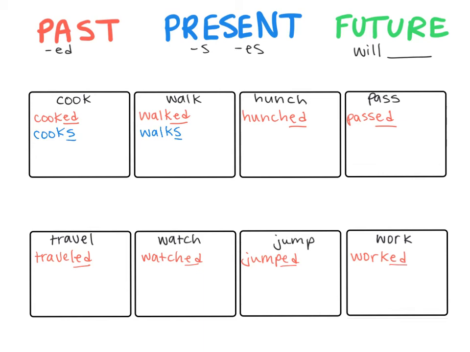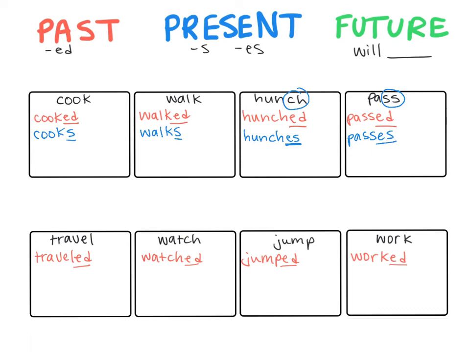Okay. Hunch ends in ch. That's one of those funky ones. So I'm going to say hunches, okay? Because it has ch on the end. Pass also has a funky ending. It's got that double s, so it would be es that I'm adding for passes, okay?